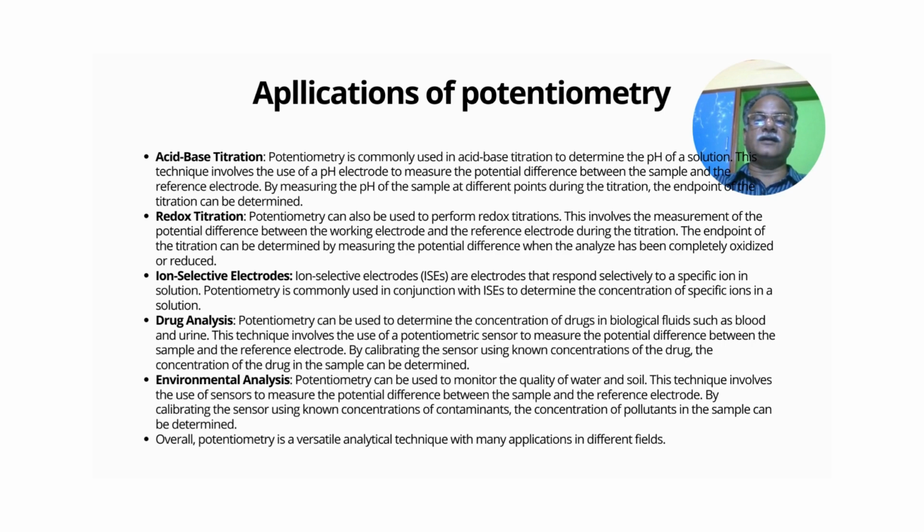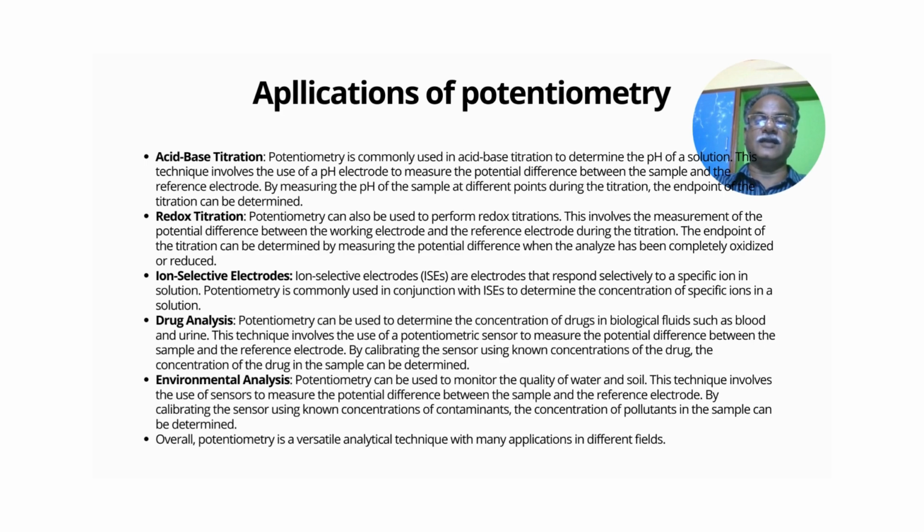The following are applications of potentiometry. Detailed description is given. Acid-base titrations. Potentiometry is commonly used in acid-base titrations to determine the pH of the solution. Redox titrations. Potentiometry can also be used to perform redox reactions.